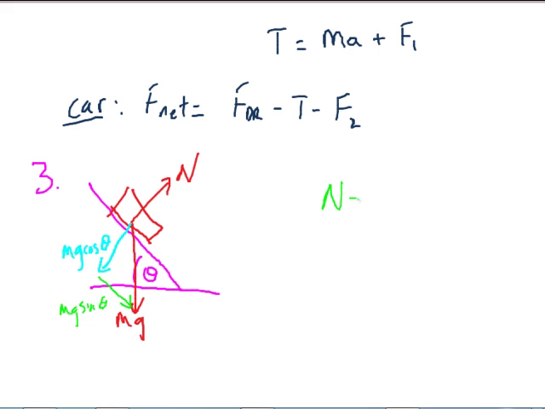So the normal reaction force equals mg cos theta. Force down the slope, or resultant force, F net, would be mg sine theta.